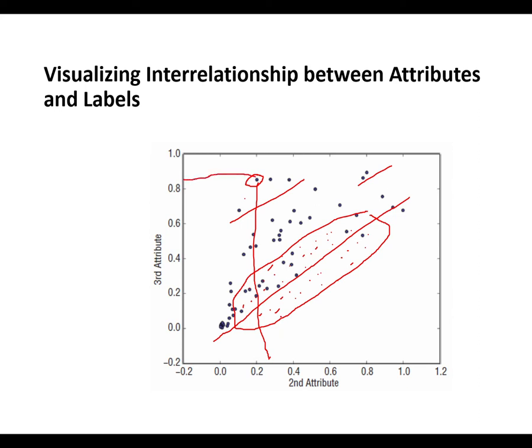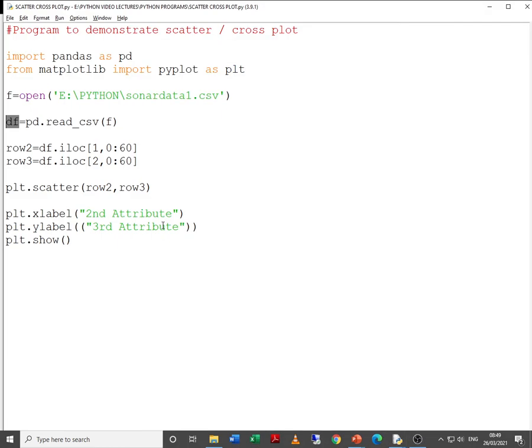The x coordinate is the value in attribute 2, and the y coordinate is the value of attribute 3 on the y axis. So we need to separate out the values of the second and third attributes in some variables, and that is the task we are doing here as far as practicals are concerned.